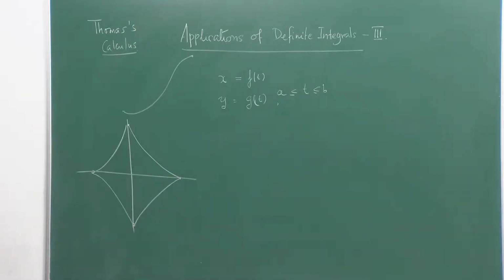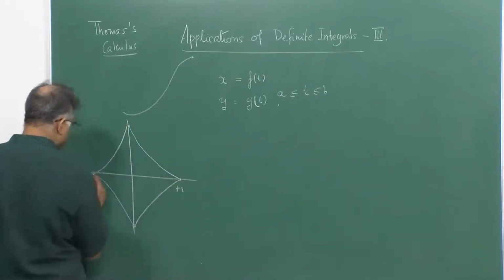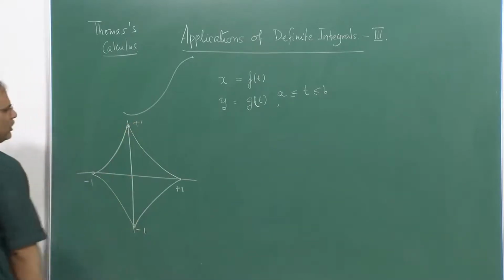These endpoints you can very well understand, these are nothing but the plus 1 point and minus 1 point on the x axis, plus 1 point and minus 1 point on the y axis.